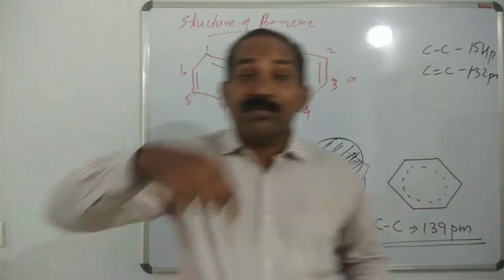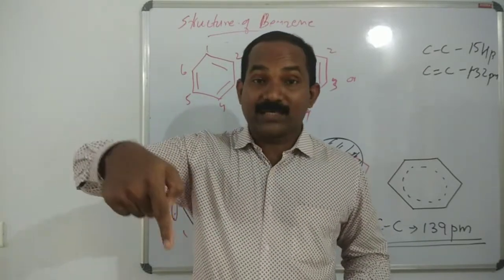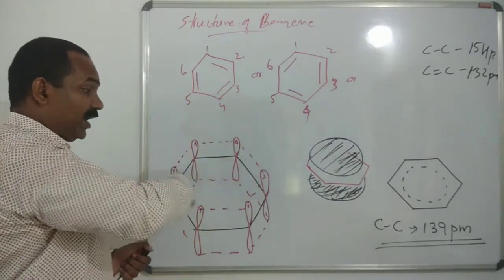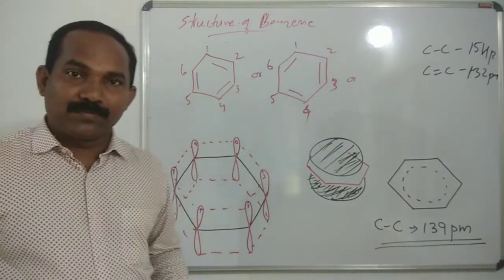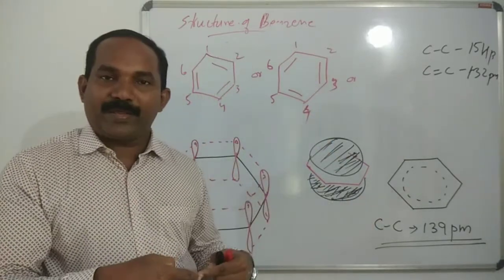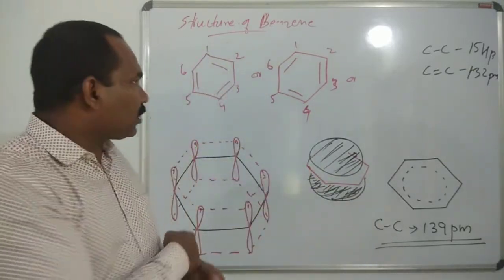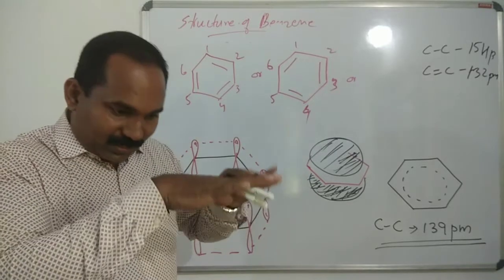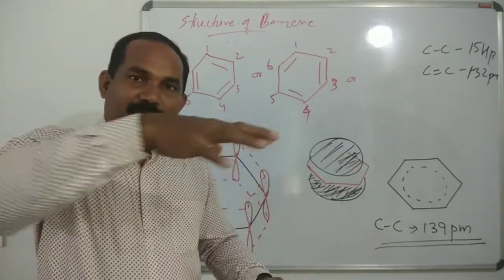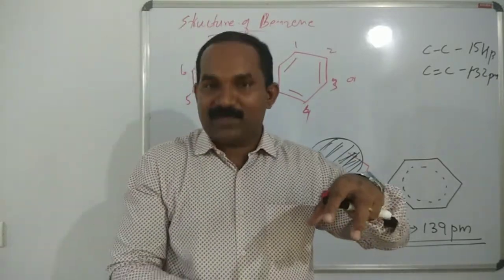Why? The 6 electrons are resonating, delocalized through the ring. In a hexagon plane, the plane also contains 6 hydrogens. You remember that? The plane contains 6 carbon atoms and 6 hydrogen atoms. One electron cloud above the plane, one electron cloud below the plane. It is like a sandwich.